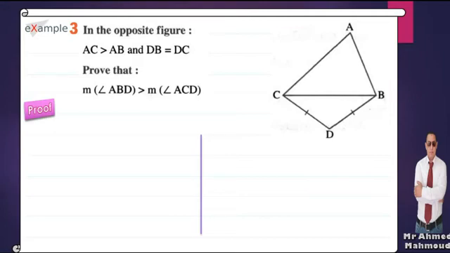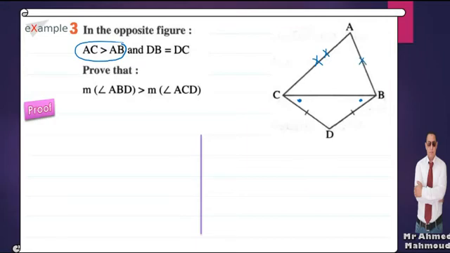In the lower triangle here we have angle B equal to angle C because this one is an isosceles triangle. In the upper one, here we have AC greater than AB as we see in the given. AC is the big side and AB is the small side.